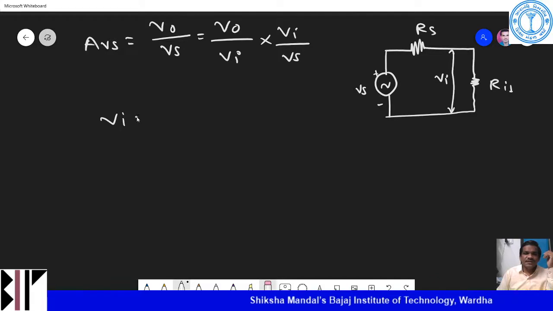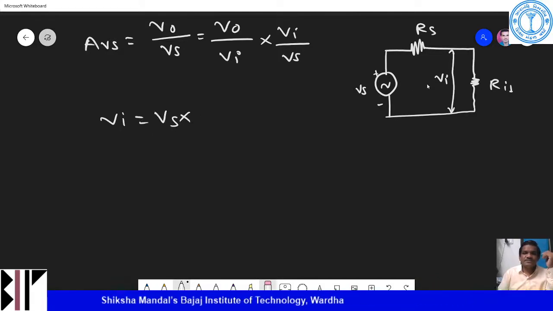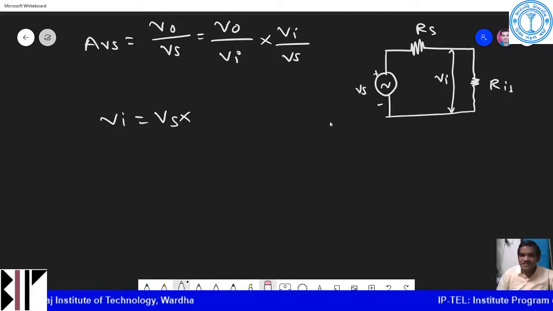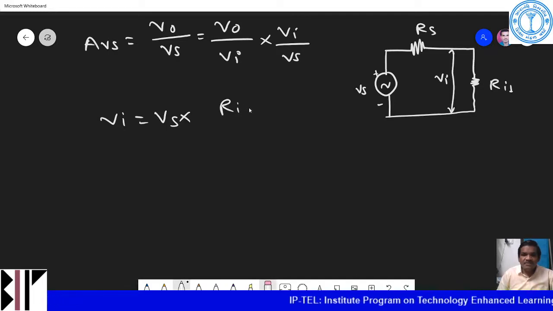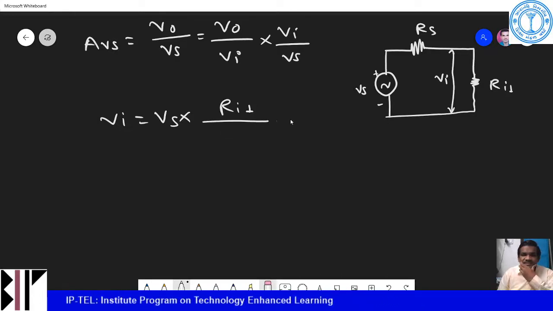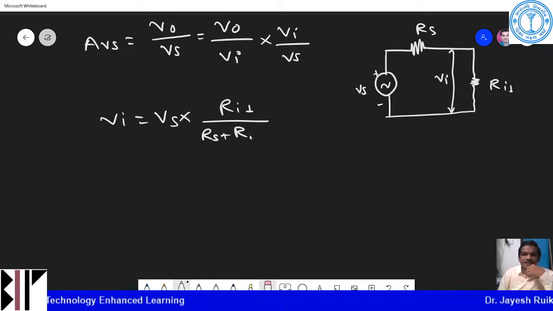If you look at this particular diagram, Vi is nothing but Vs times Ri1 divided by the addition of these two, so Rs plus Ri1.